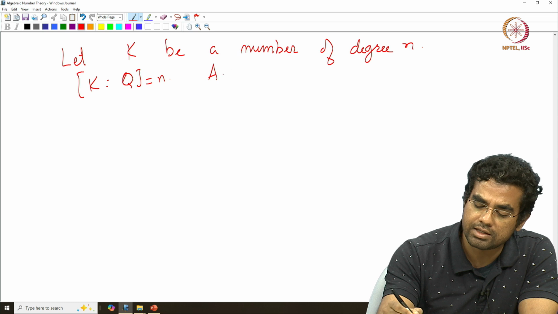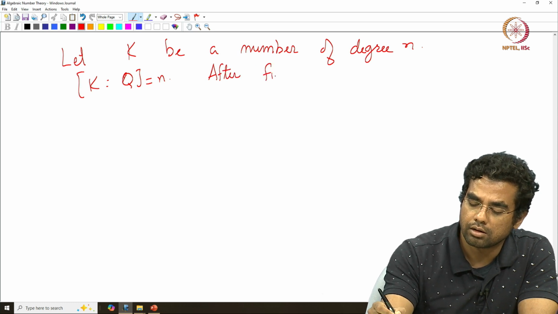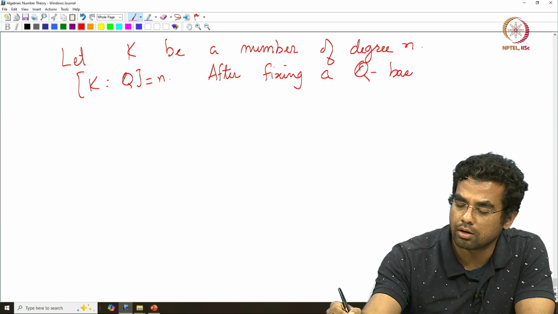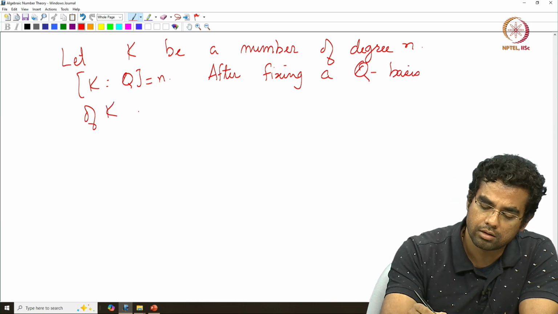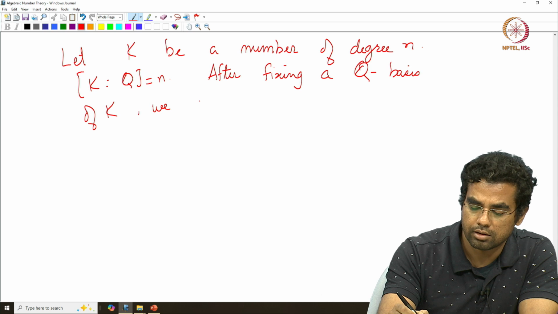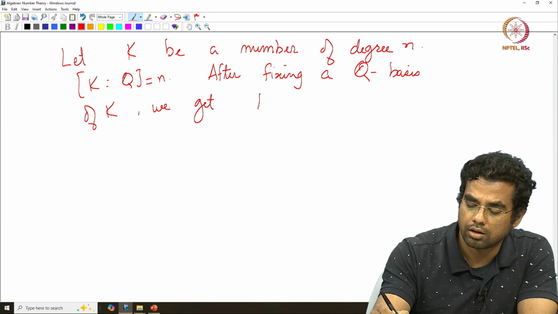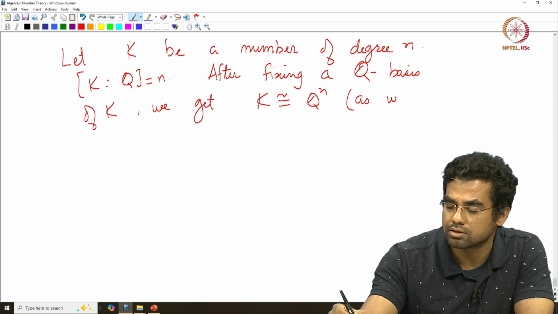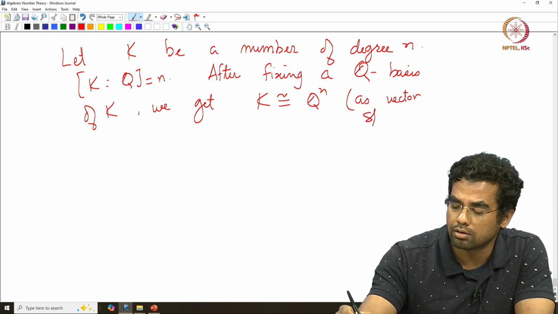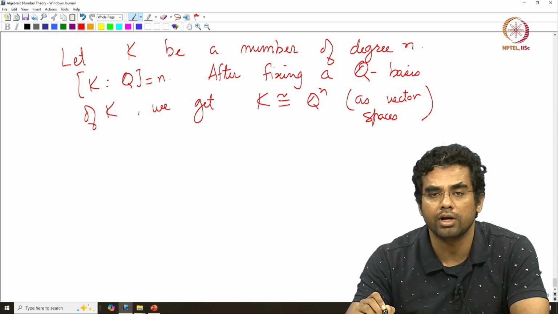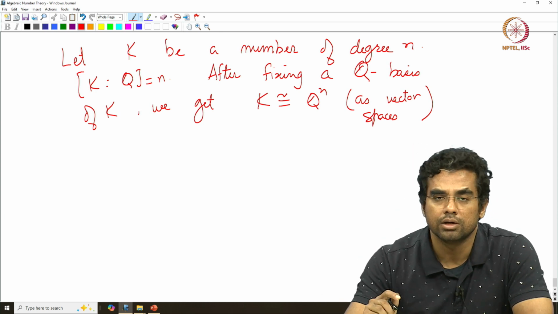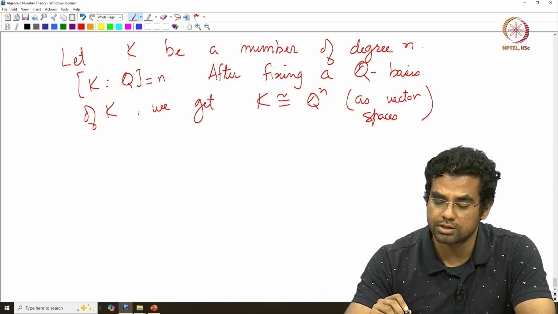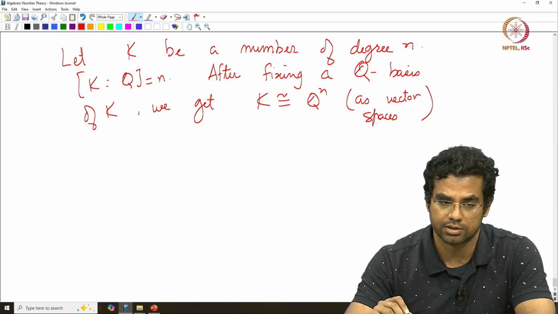After fixing a Q-basis of K, we can identify K isomorphic to Q^n as vector spaces. Okay. Not, of course, as fields, because Q^n does not have any natural structure as a field. So, this identification is just an identification of Q-vector spaces. Okay.